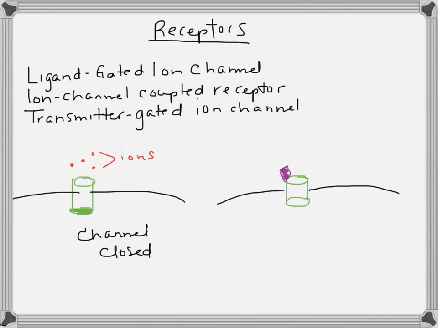However, upon ligand binding the channel opens and now ions can pass through. So the ligand binding serves as a way to open the gate, so to speak, to allow the ions to pass through. When the ligand is not there, the gate is shut and the ions cannot pass through.